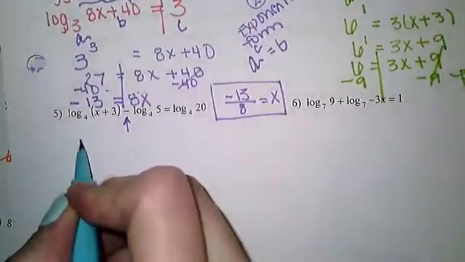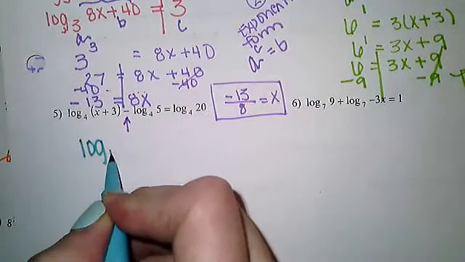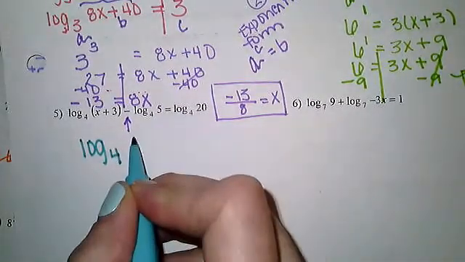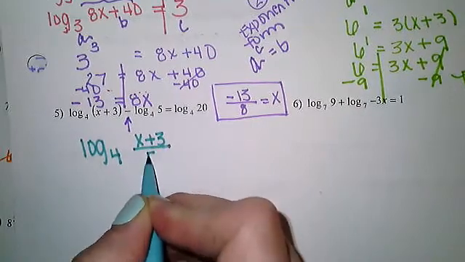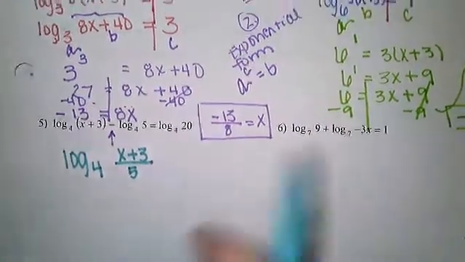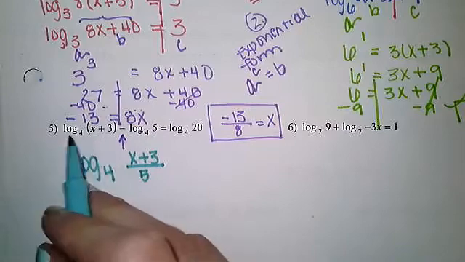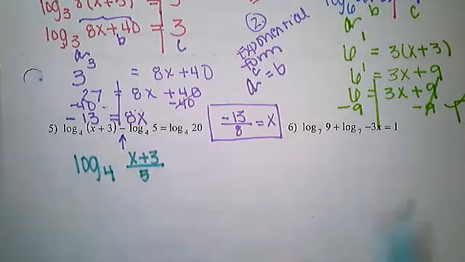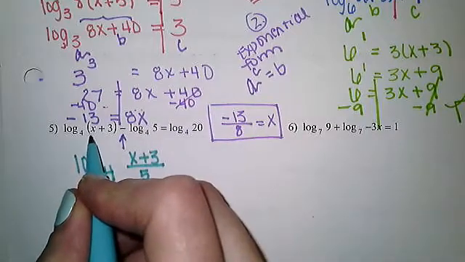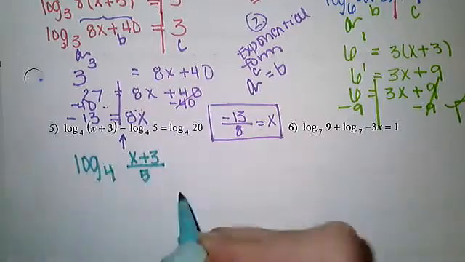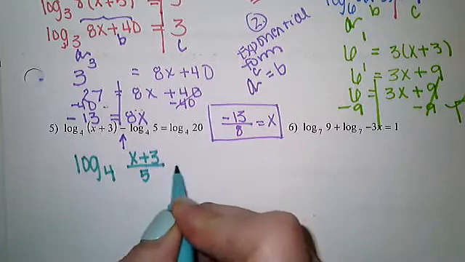So we'll go ahead and rewrite with our same base, log base 4. And then we'll have our x plus 3, but this time it's over 5, since we know that log b of m minus n becomes m over n. And you can delete the parentheses there since the x plus 3 is on its own.